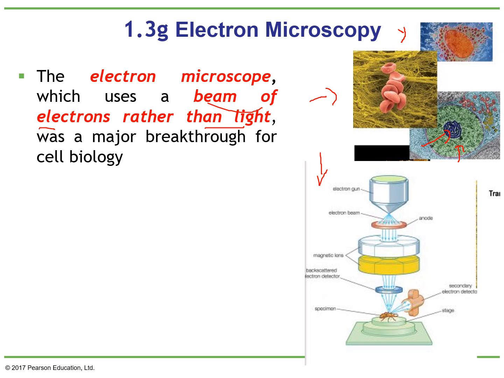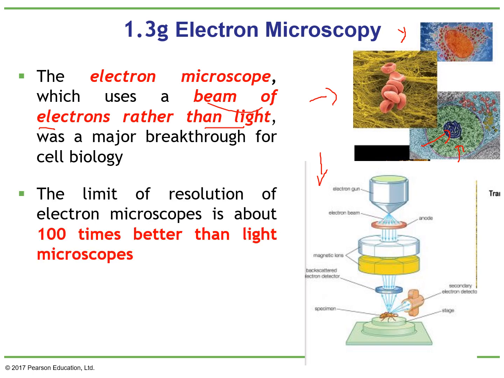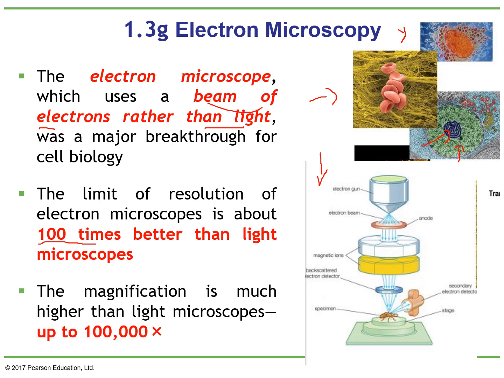As we watched in the video, with the electron we can have even higher resolution, and so these microscopes are 100 times better than the light microscopes, and you can have a wonderful magnification, like up to 100 times power. That is incredible.